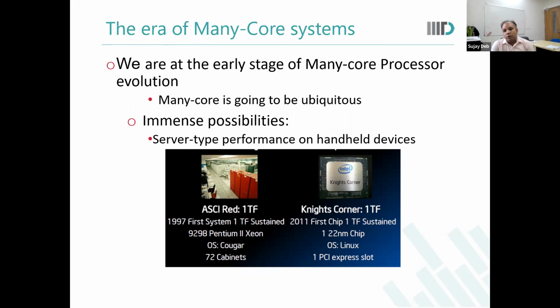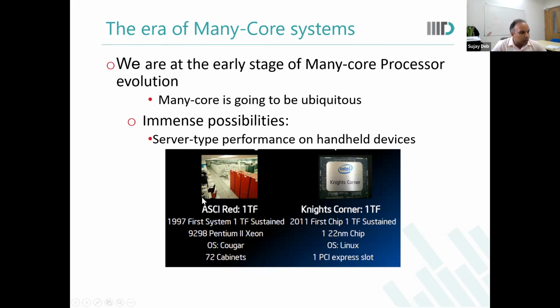Also, if we look back and see how things have evolved, it's very fascinating to observe that the first 1 teraflop of processing power was achieved by a supercomputer in the year 1997, which looked like this.